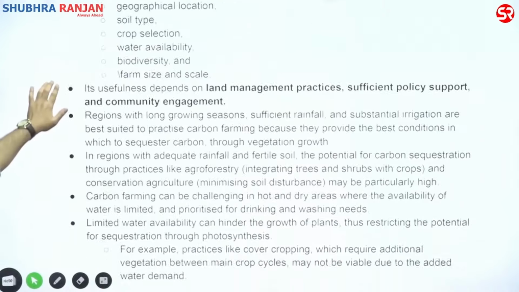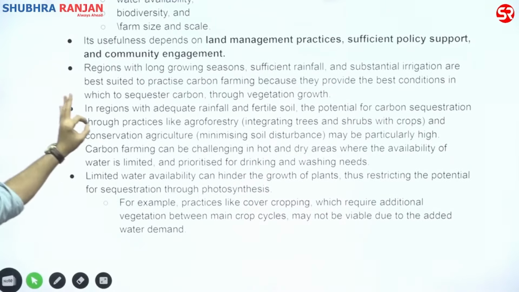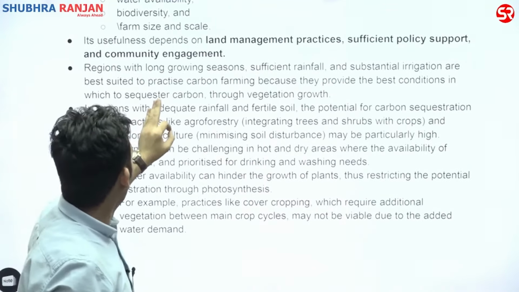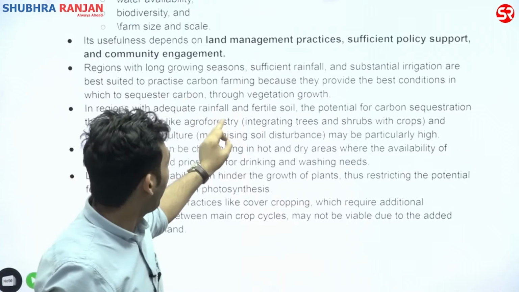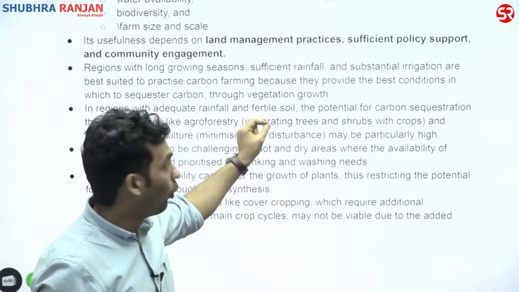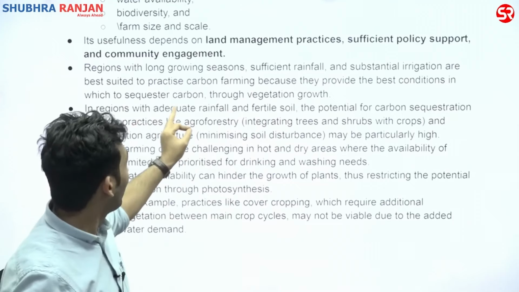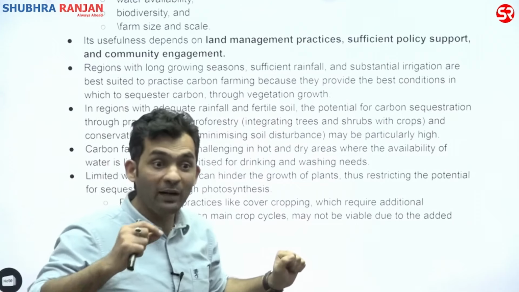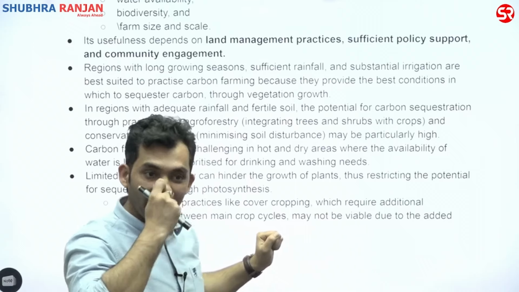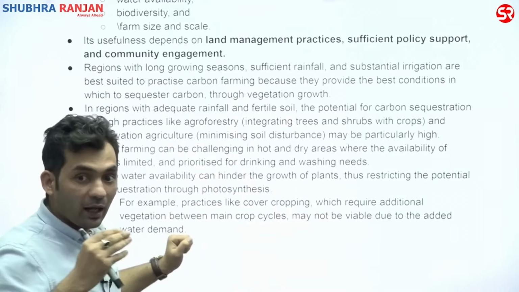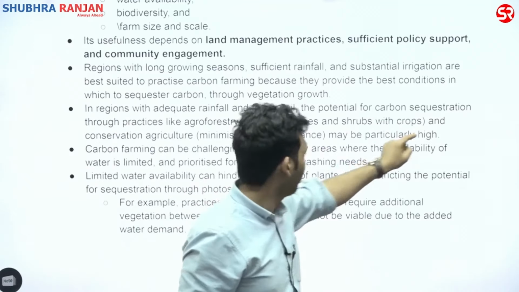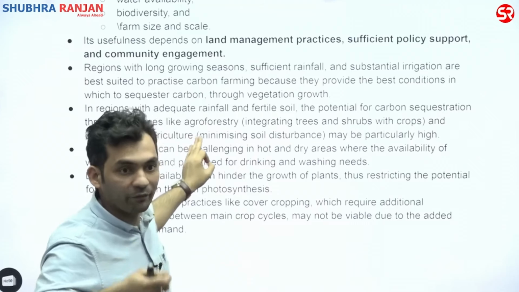Now, regions which have long growing seasons, sufficient rainfall, or substantial irrigation are best suited for carbon farming, because they provide the best conditions, right? In dry conditions, the process of carbon sequestration is not that effective, right?